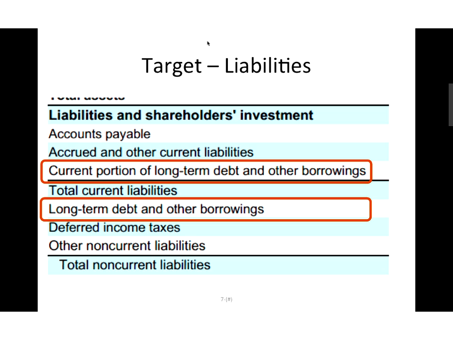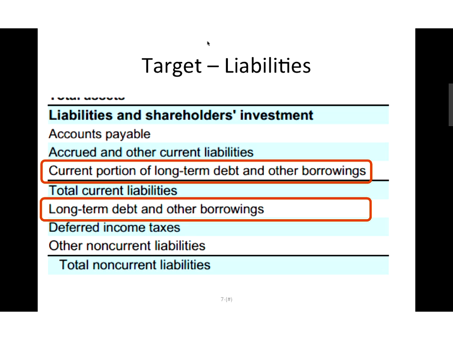Almost every company will have this section called current portion of long-term debt. It's the principal that they're going to have to pay over the next 12 months. The reason companies split it out is when analysts look at the balance sheet, they want to see if this company can meet its obligations in the next 12 months. How's its financial health, can it make its payments on its debts?